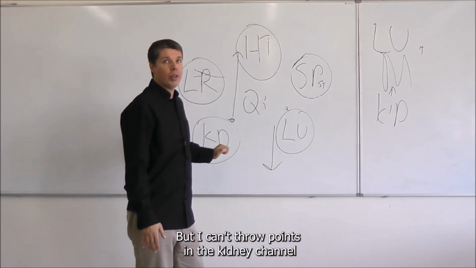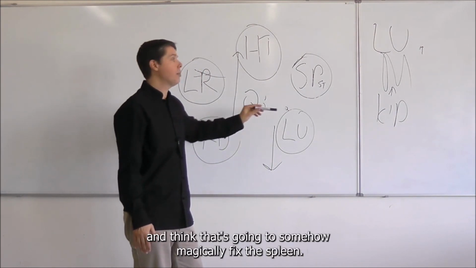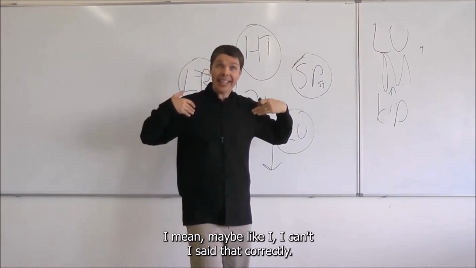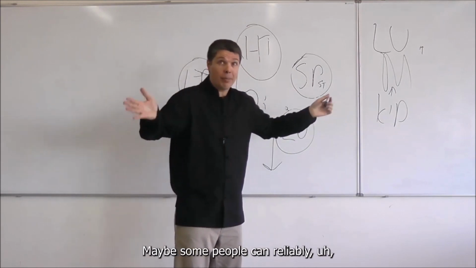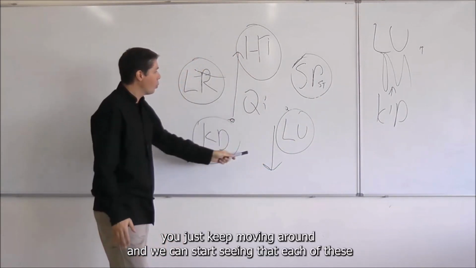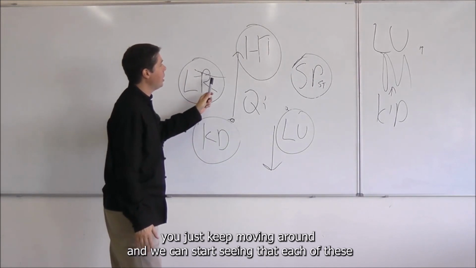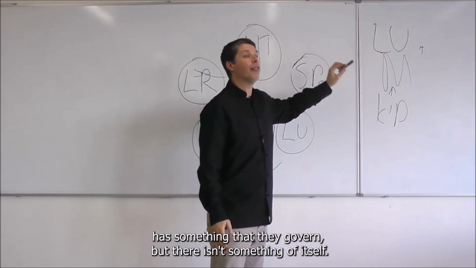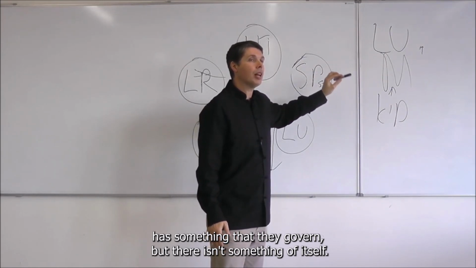But I can't throw points in the kidney channel and think that's going to somehow magically fix the spleen. I mean, maybe I can't. I said that correctly. Maybe some people can, reliably. You just keep moving around, and we can start seeing that each of these has something that they govern, but there isn't something of itself.